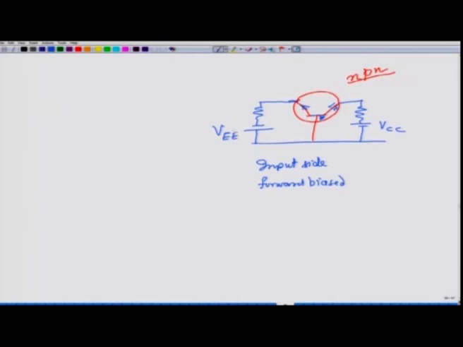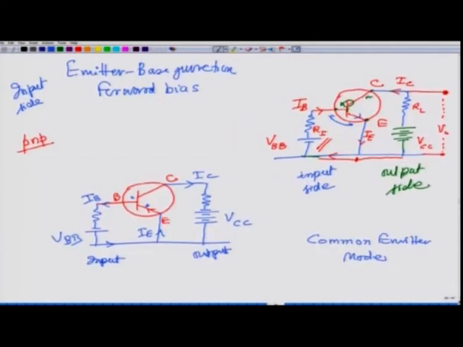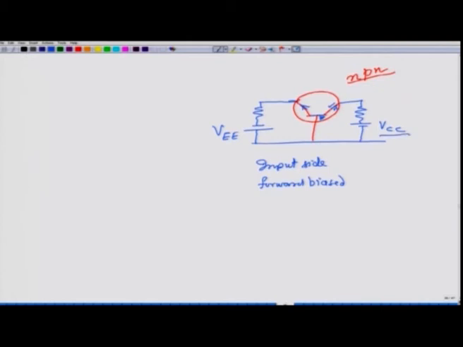If you compare with the previous case, we had VCC and VBB, and now we are having VCC and VEE because this is connected to the emitter and this is connected to the collector, and base is common, and therefore, B does not appear here.